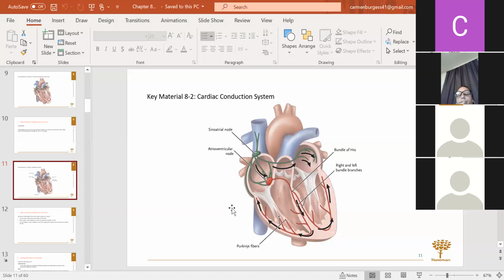If say a person with congestive heart failure needed to be on Lasix, and they were just peeing all the time, all of their minerals and vitamins are going to be depleted because they're going to the bathroom all the time.